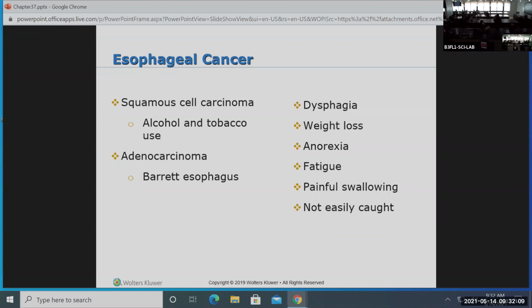Esophageal cancers, patient with tobacco smoke, and also the alcohol. Sometimes the cell changes, and that I discuss under what condition? Barrett esophagus, where the squamous cell is replaced by columnar cells.